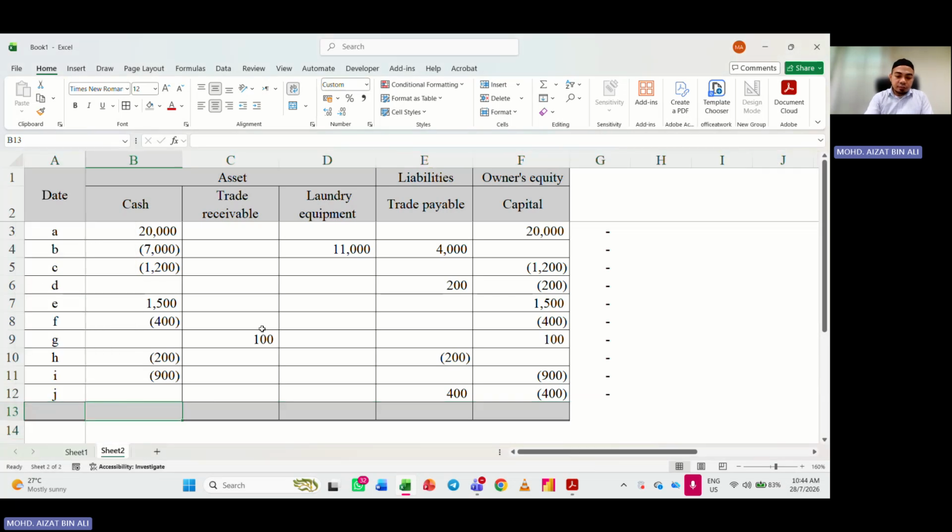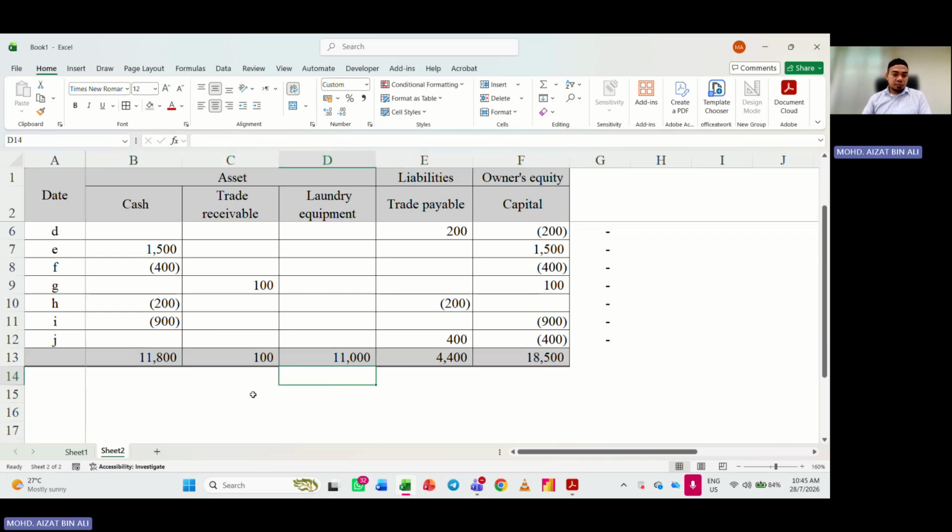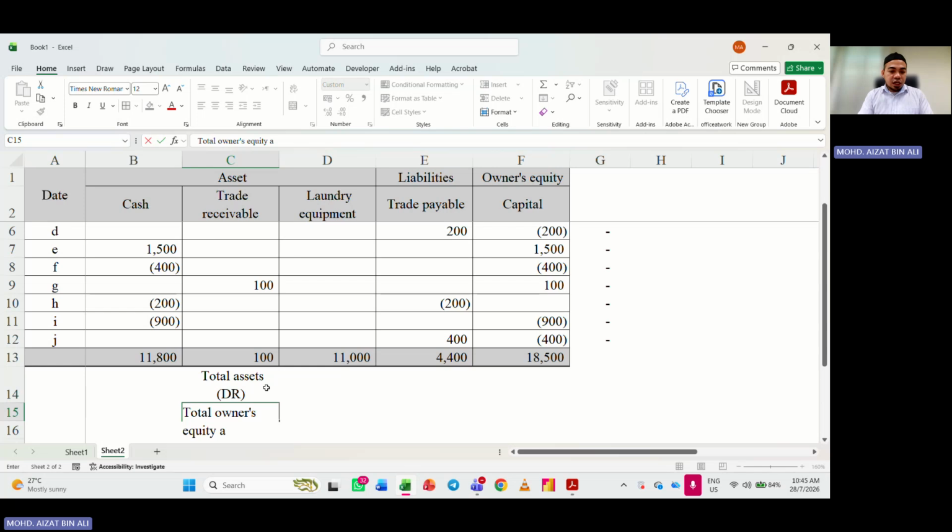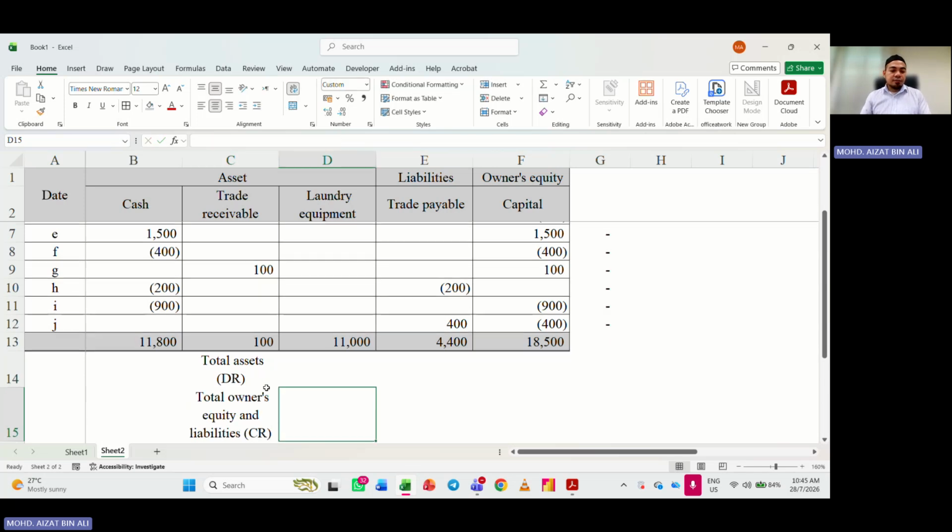Okay, next again, we need to total up everything. All right, so this would be our total assets, otherwise also called debit. And then we have our total owner's equity and liabilities, otherwise also called credit.